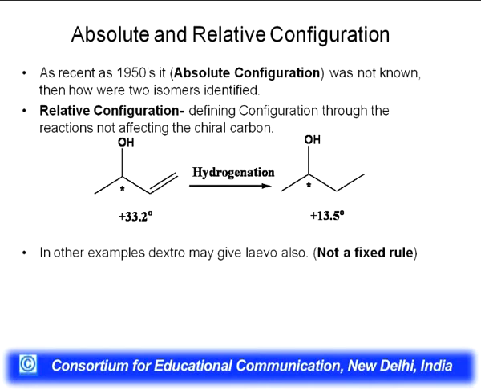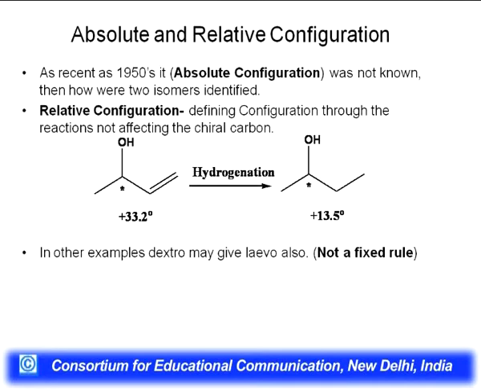So, in this case, on the right hand side, you can see on the screen 2-butanol, which has a chiral center, and we have already made the two isomeric structures in the previous slide. One of the isomers had a specific rotation of plus 13.5 degrees and it was dextro.